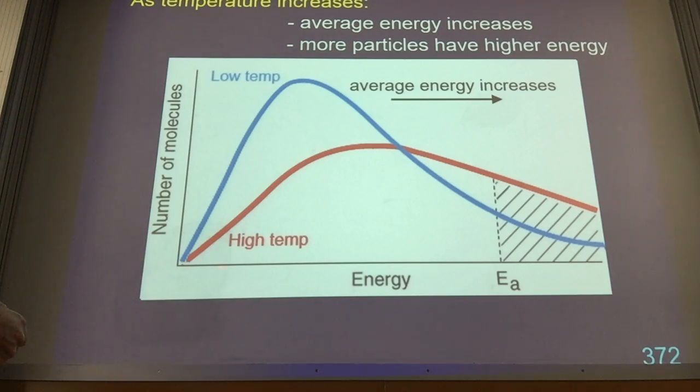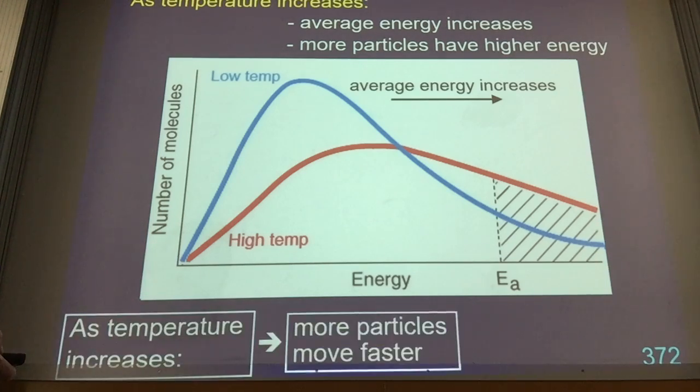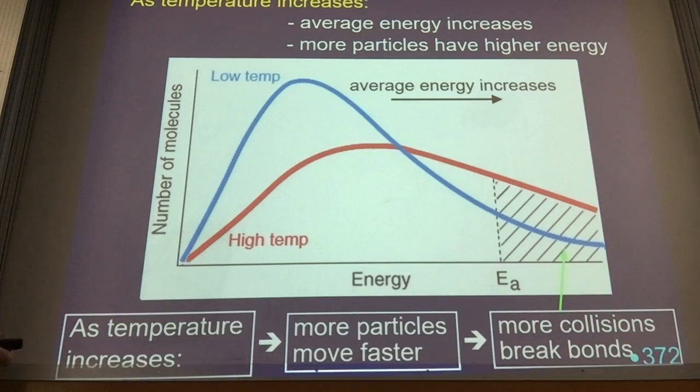We've still got some particles with a very low energy, but we've got more particles with a high energy. We've got more particles that are over that activation energy threshold. So more collisions are going to break bonds. We're going to have a faster rate of reaction. And that's the key linkage.